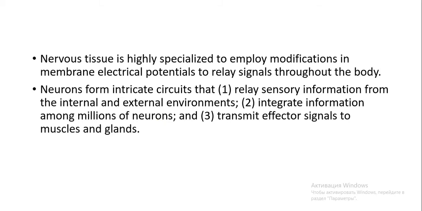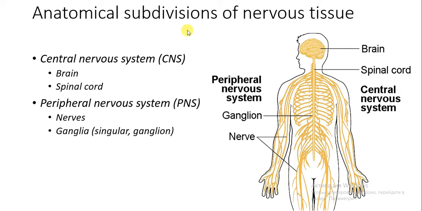normal secretion and contraction. So, anatomical subdivisions of nervous tissue. We have the central nervous system and the peripheral nervous system. The central nervous system is composed of the brain and spinal cord. So you know it. Here we have the brain, and this is the spinal cord. This is the central nervous system because here we have integrative neurons predominantly.